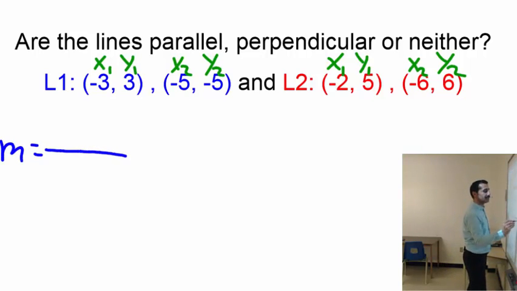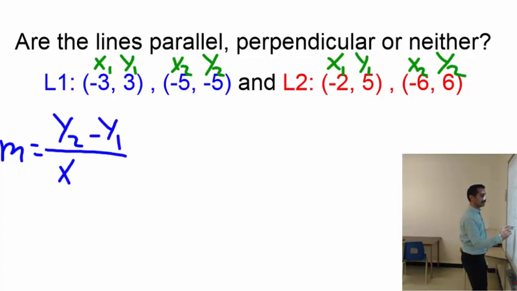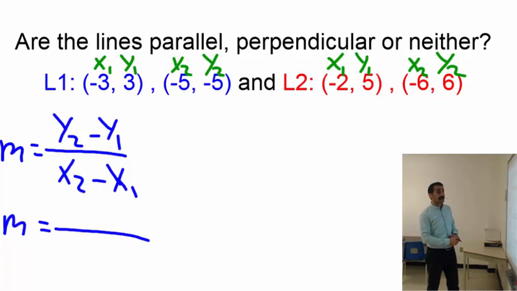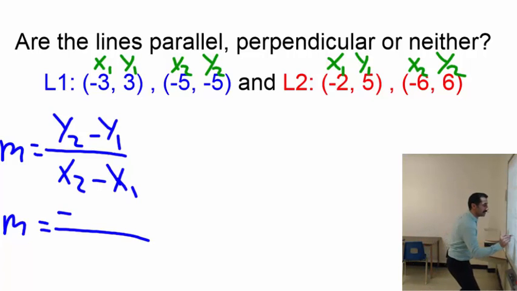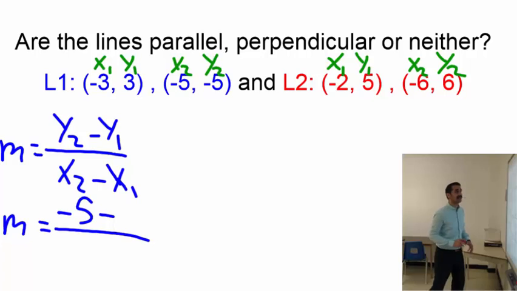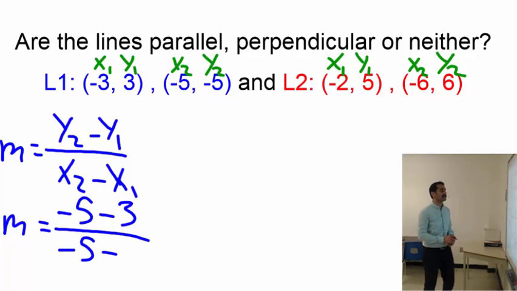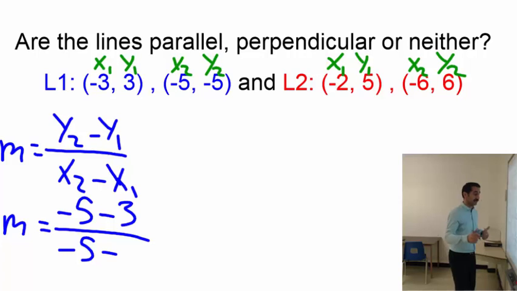Slope here is y2 minus y1 over x2 minus x1, and the numbers are: y2 is minus 5 minus y1 is 3, and x2 is minus 5 minus, x1 is negative 3.